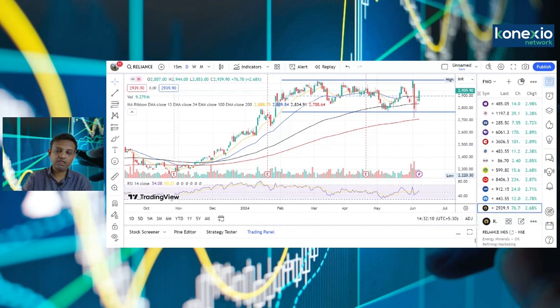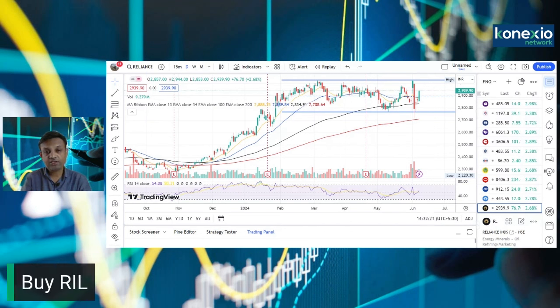Now again, just fundamental triggers which are positive in nature. Street is expecting the rise in the ARPUs in telecom sector, which would be beneficial to Reliance Industries. Reliance Industries has also tied up with Russia to purchase crude oil for long-term basis. This is also a positive sign for the stock in the long run.